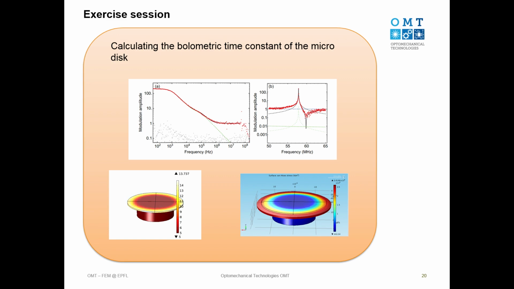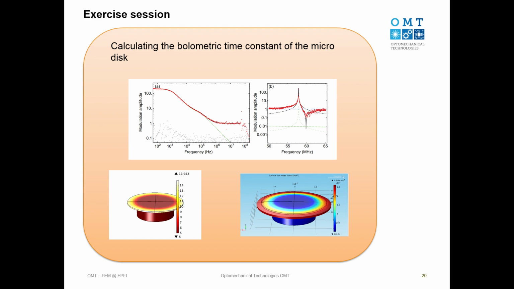So what is this measurement? They put a laser on resonance, and then they modulate the power of this laser. As I just described, at very low frequencies the temperature can track your power modulation.